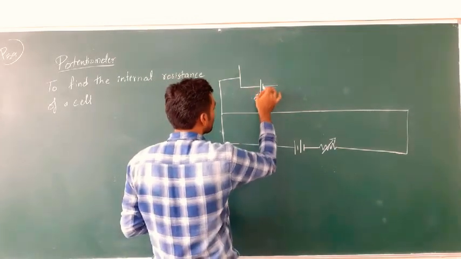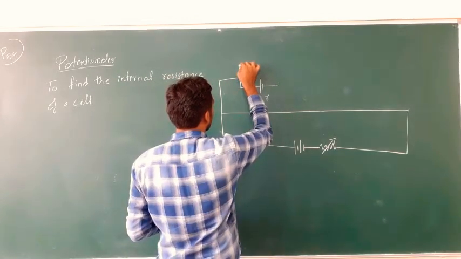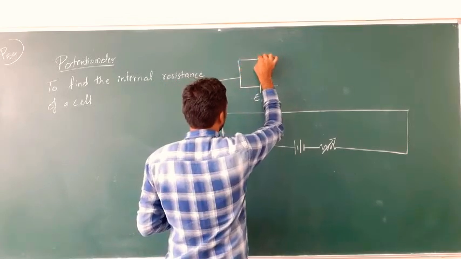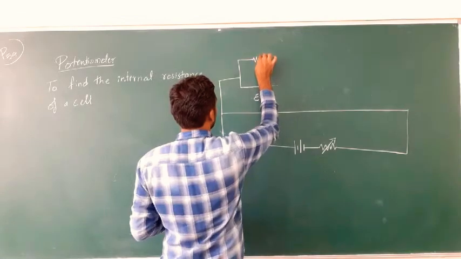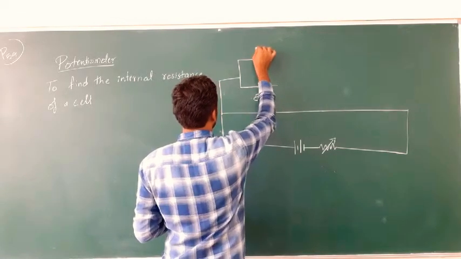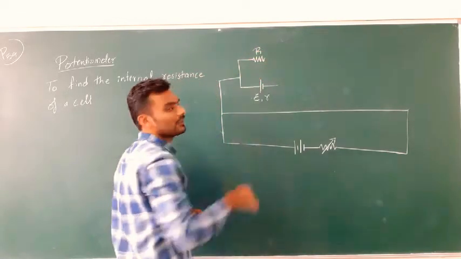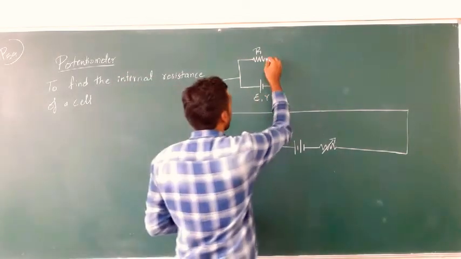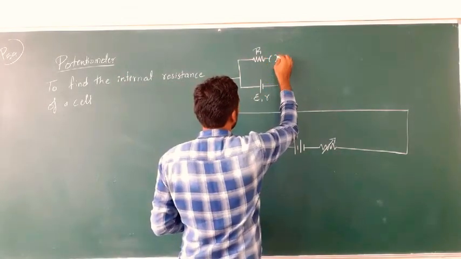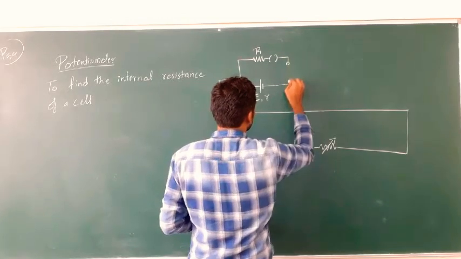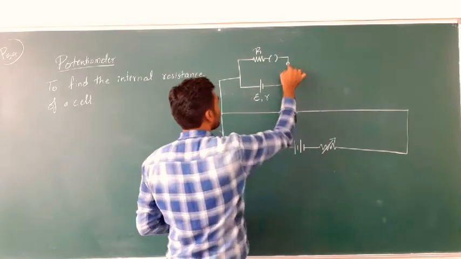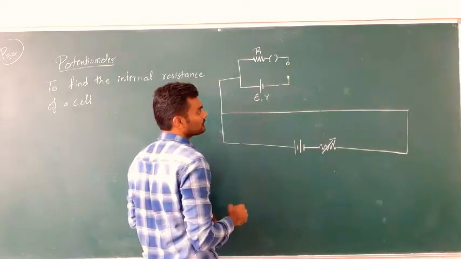Parallel to this cell, we will have an external resistor of resistance R connected, and we will also have a key with that resistance, and both of them will have their terminals like this.